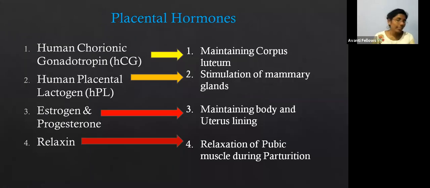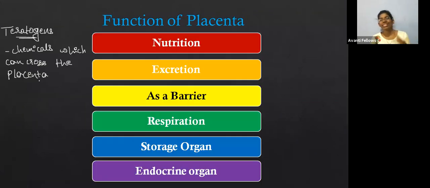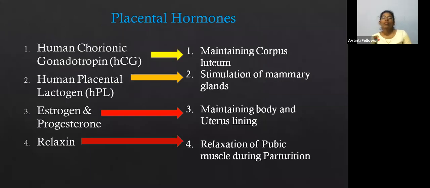Now this placenta produces some hormones. Okay, the function of placenta is not only nutrition, excretion, barrier, all those things, but apart from this, it also has the function of producing hormones. What are those hormones? One is human chorionic gonadotrophin.